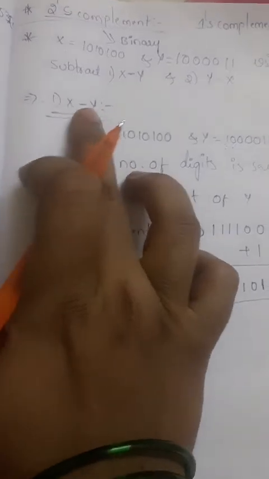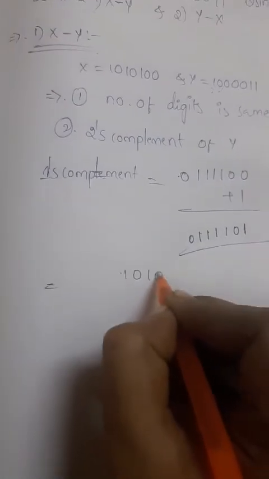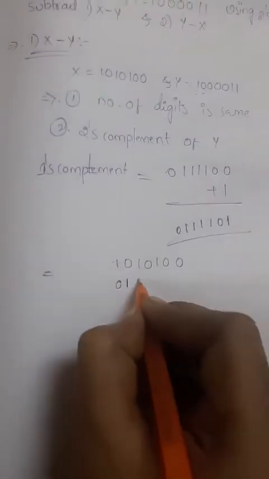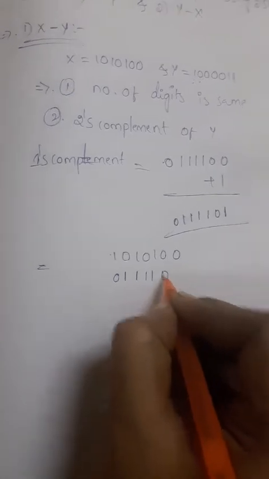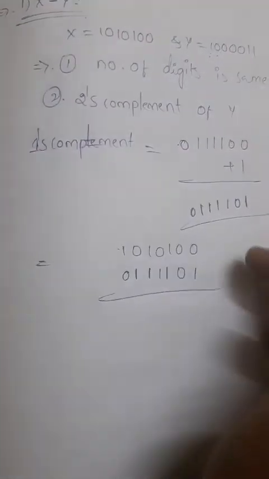Now what is the next step? x minus y. What is the x value here? 1 0 1 0 1 0 0. And what is the y value here? 0 1 1 1 1 0 1. So whatever result we get after doing the 2's complement will be added with the x value.